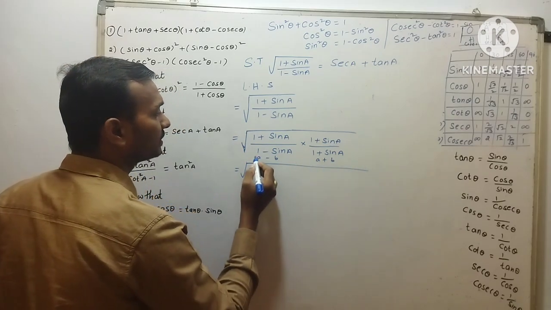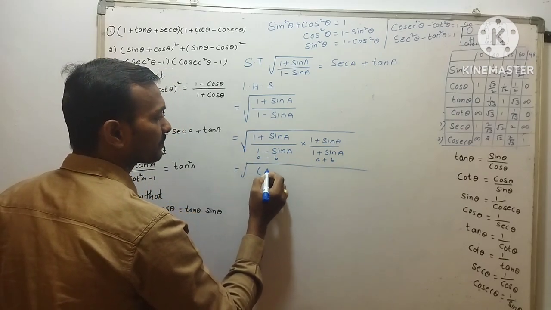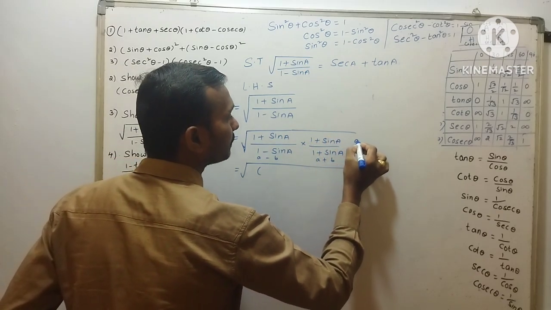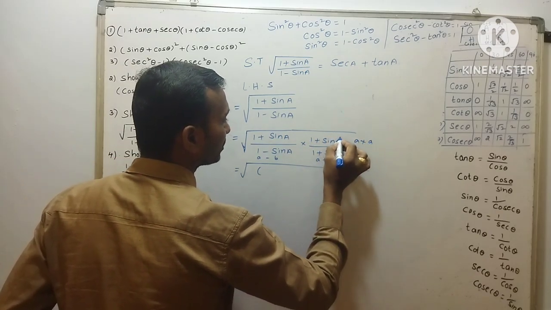We will apply that formula. Numerator is looking like a into a.